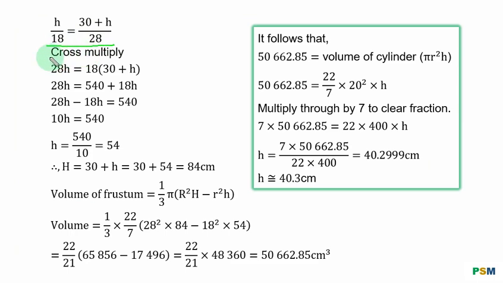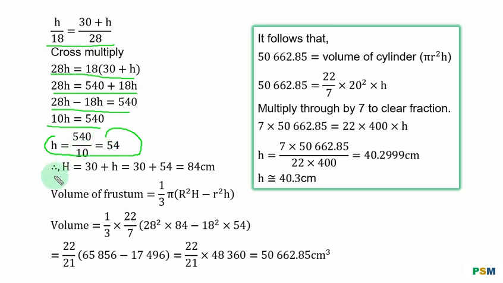You cross multiply to clear fractions, you have this result. You expand, you have this result. Collect like terms, here you subtract. To get H, divide both sides by 10. Height of the smaller cone becomes 54 cm.